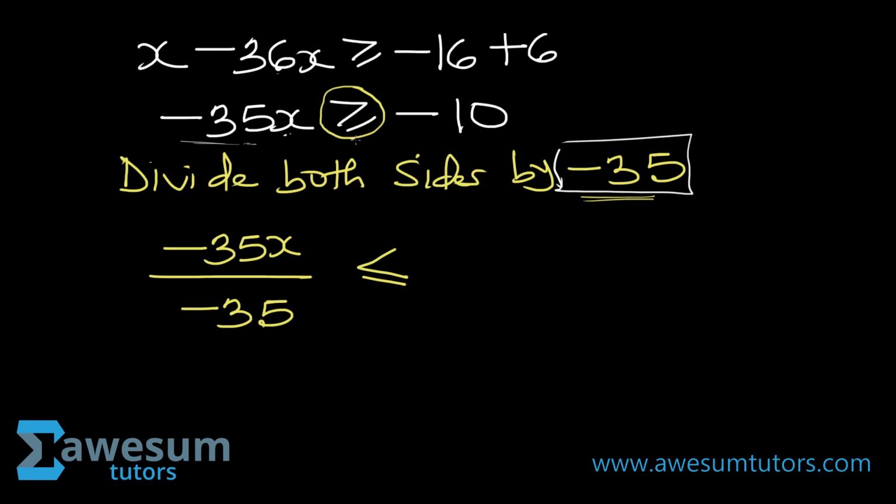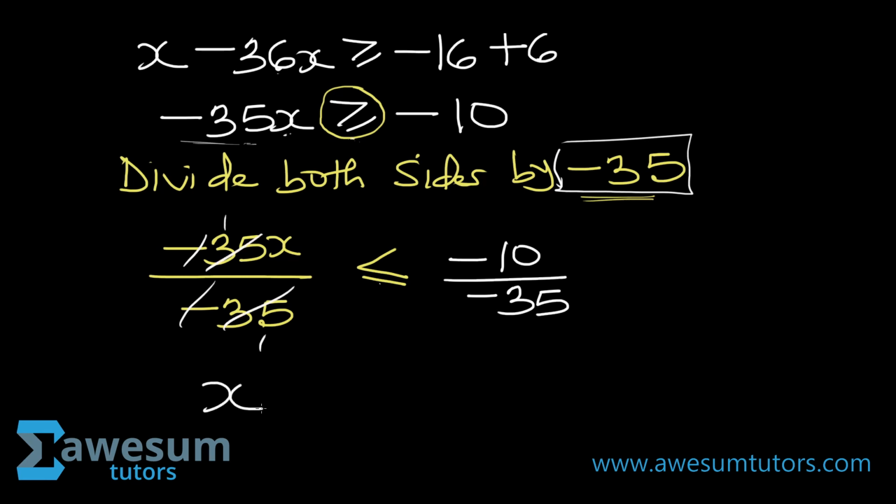So instead of having greater than or equal to, you change it to less than or equal to, and then you put negative 10 over negative 35. Okay, because we are dividing both sides by negative 35. So negative will cancel negative, 35 here 1, 35 here 1. So that means it cancels. So now we have x less than or equal to.